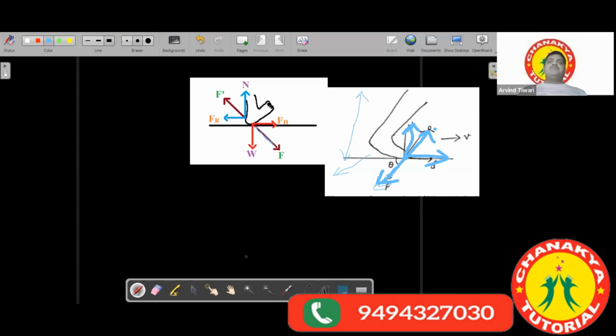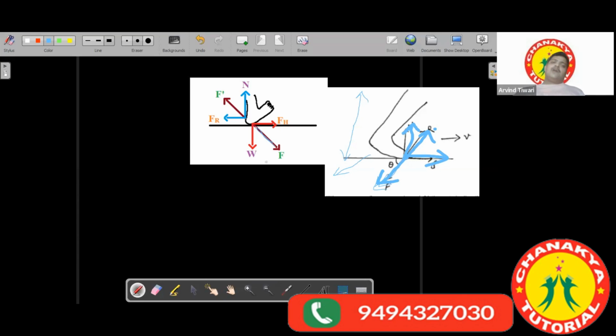The reason being, there is very little friction between the ice and your feet. So friction is not stopping you over there. There is no friction, so no one is stopping you from falling. But here on the ground, we are able to walk just because of friction.